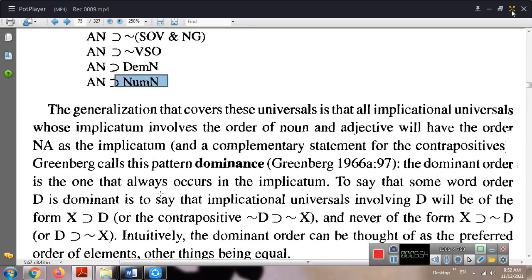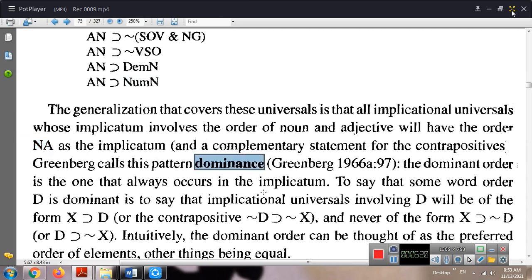The generalization that covers these universals is that all implicational universals whose implicatum involves the order of noun and adjective will have the order noun-adjective as implicatum, and a complementary statement for contrapositives. Greenberg called this pattern dominance.